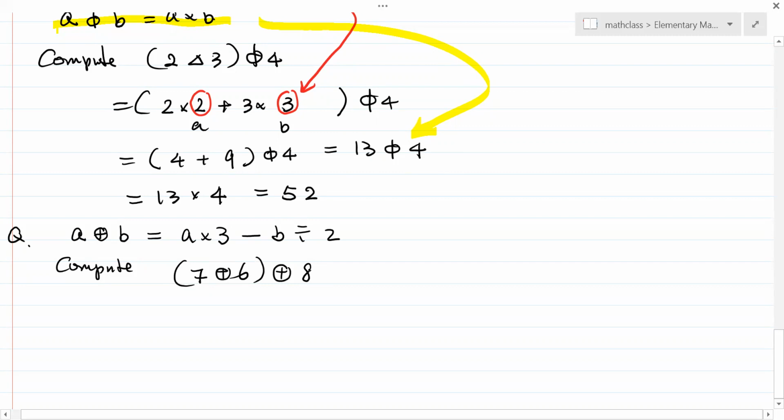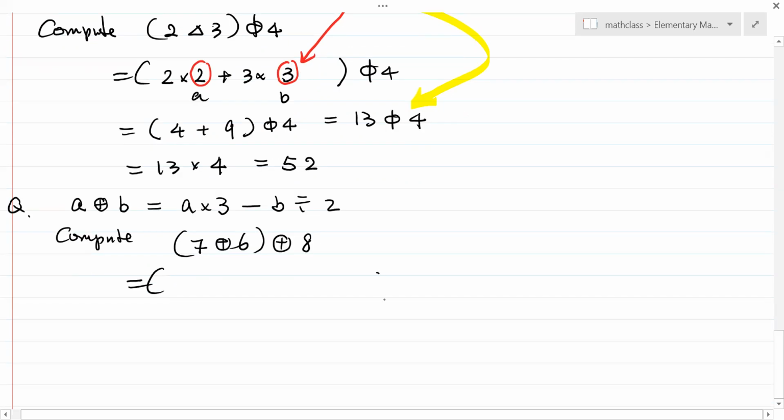Oh, Nina has answered already. Yeah. So how to do that? You put a bigger parenthesis here. In the place of A, it's a 7 times 3. In the place of B, it's a 6 divided by 2. Then you put A here.